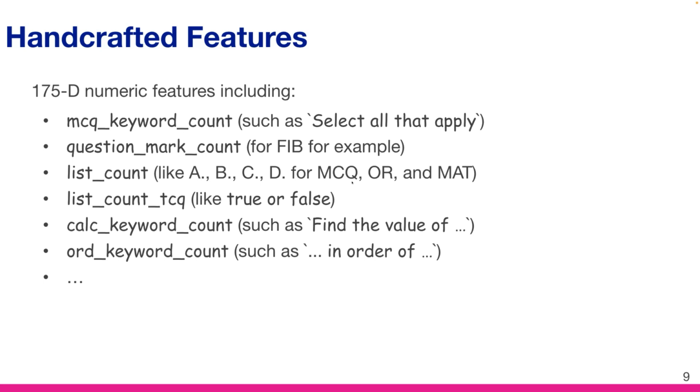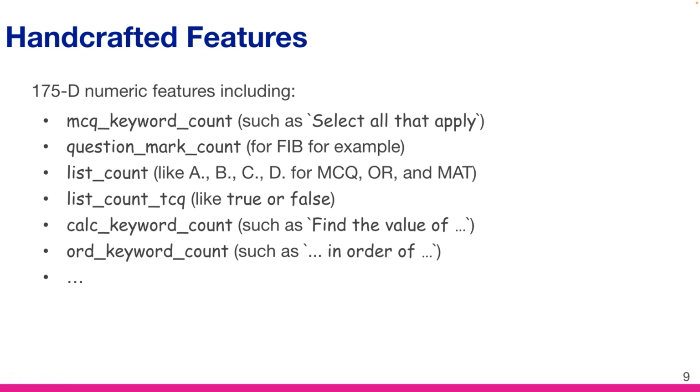We also have question mark count, and list count, like ABCD for MCQ, for ordering questions, for matching questions. We also have true-false questions, so list count TCQ, a two-choice question. Similarly for calculation and ordering, we found some keywords that are repeated in those question types more than others, like "find the value of something" appears in calculations more than other question types.